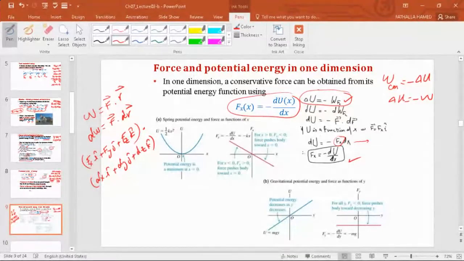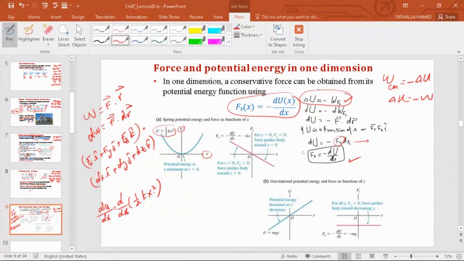Now, if we look at the potential energy of a spring, where we said it's equal to 1/2 kx squared, and this is y and this is x, and you get this parabola here. Now, if I want to get my force, it is equal to minus dU by dx. So basically, you're taking d by dx of 1/2 kx squared.